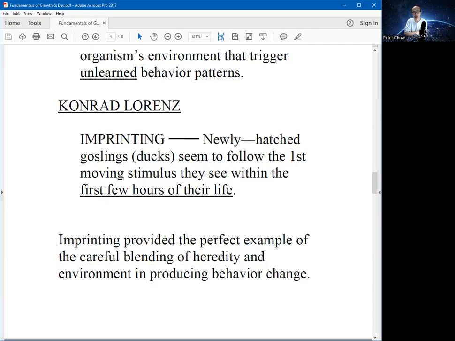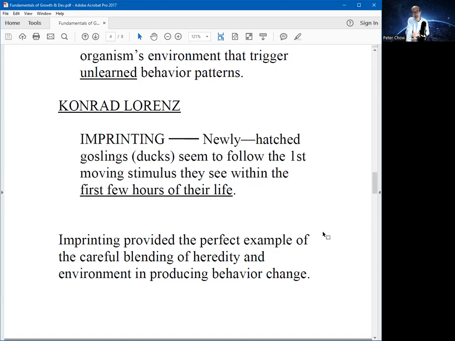Imprinting provided the perfect example of careful blending of heredity and environment in producing behavior change. So you see here, cherished beliefs breed narrow-mindedness, as often happens when a narrow or even single cause is sought to explain anything. As a result, controversy is created and scientific vision clouded.